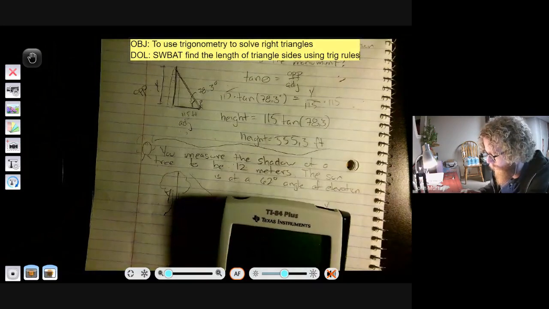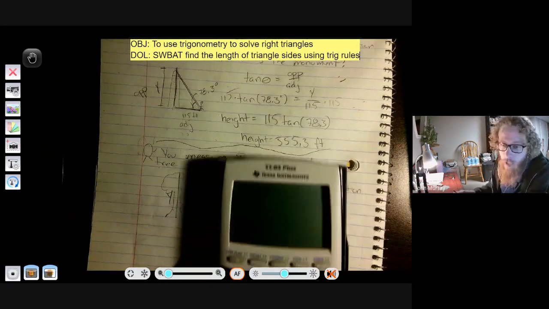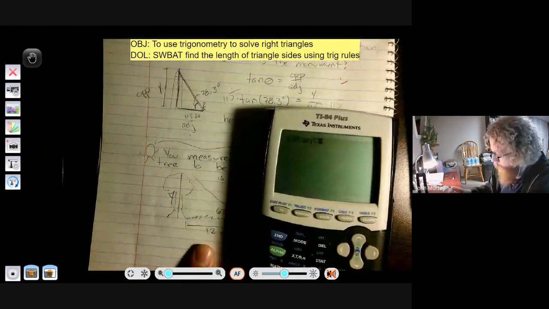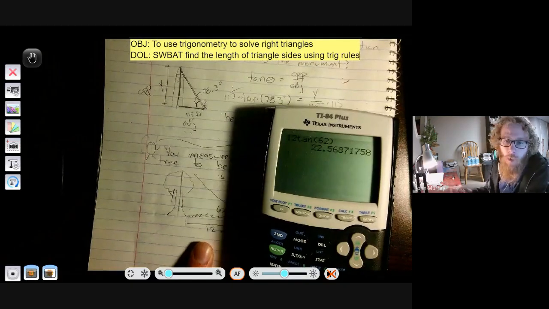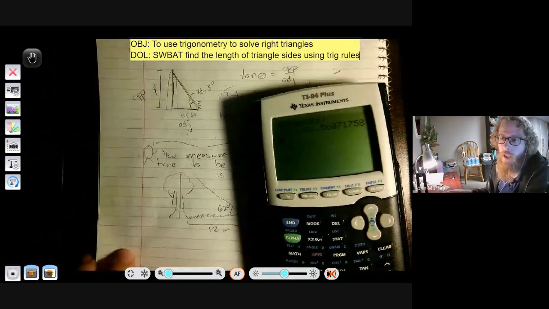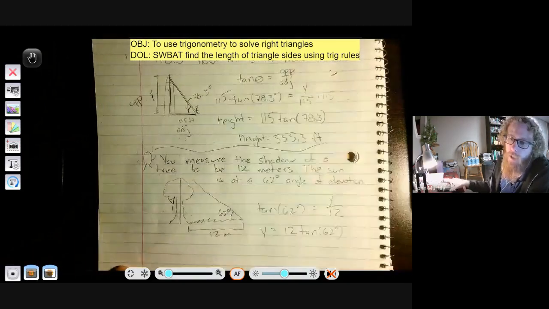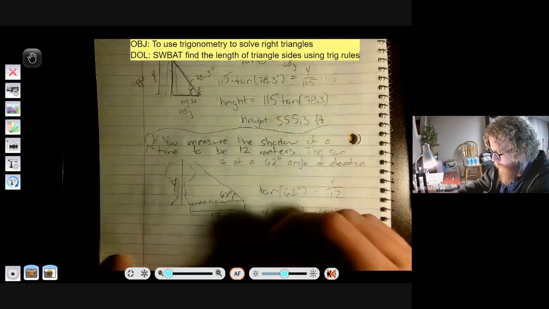So we can plug that in. Tangent 62. So without actually measuring the tree, just using the shadow, we can find that the tree is 22.6 meters tall.